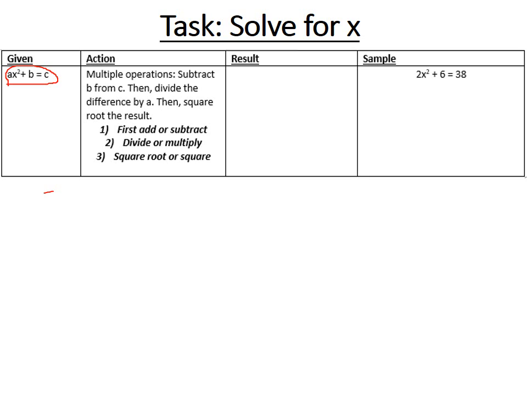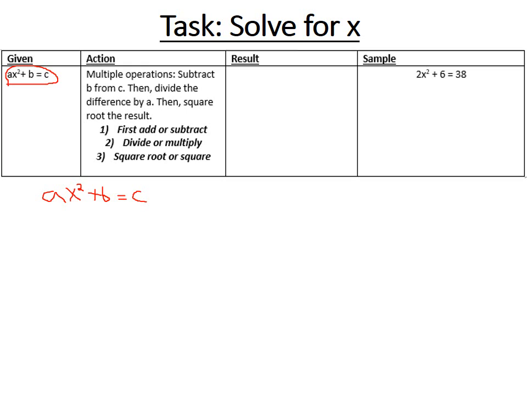So we have ax squared plus b is equal to c. And our goal here is to solve for x. We don't want x squared, we don't want ax squared, we don't want x squared plus b, we want x. So first we're going to do add or subtract.